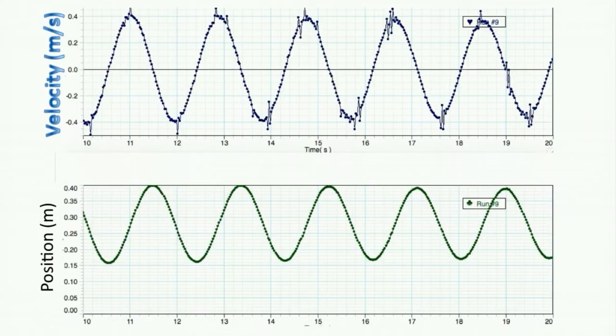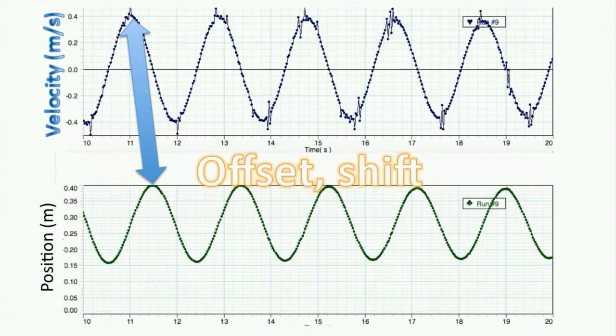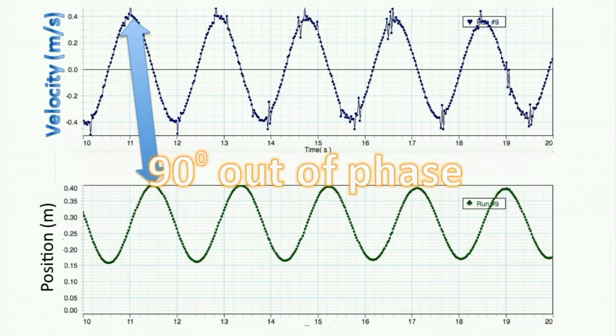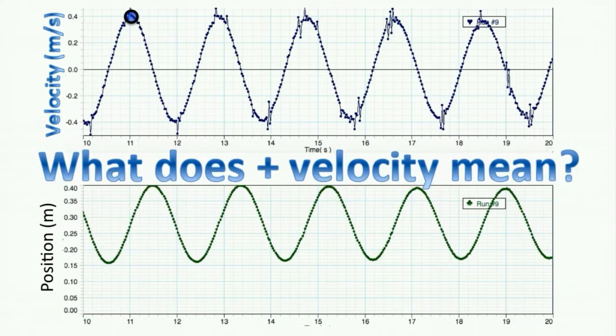And I want to now focus on these two graphs at the same time. Notice that there seems to be an offset or a shift in the graph. Actually, in physics we say that these two graphs are out of phase by 90 degrees. So what does positive velocity mean? Notice we have a positive velocity of around 0.4 meters per second.